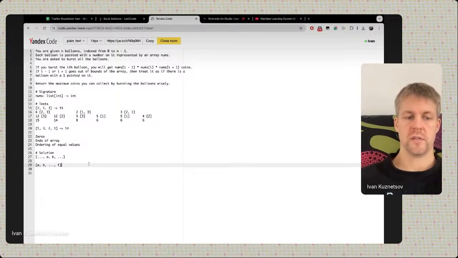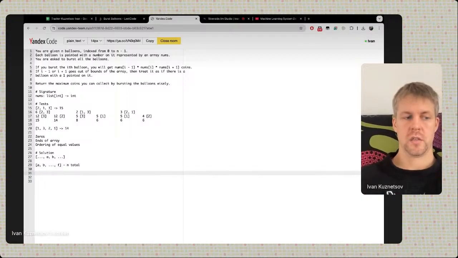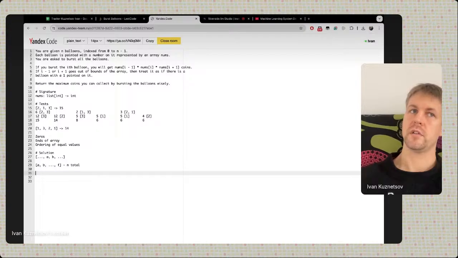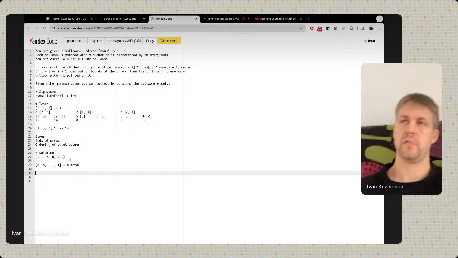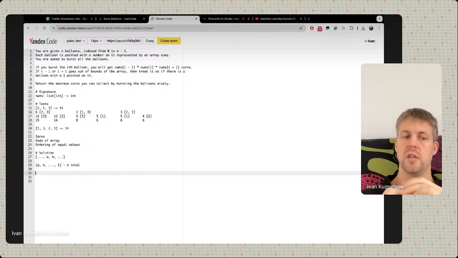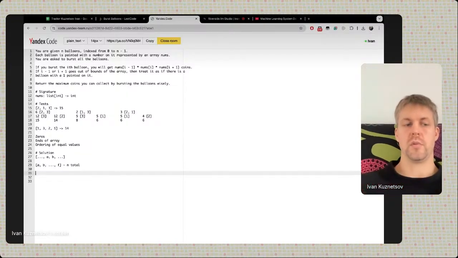So let's say there are n total elements. Then, oh yeah, it's not only better to, I'm thinking whether it's also important to start farther from the edges to choose the smaller number there first. But the thing is that we are never rearranging the balloons, so it doesn't matter. It just matters that we should always burst the smaller balloons first.